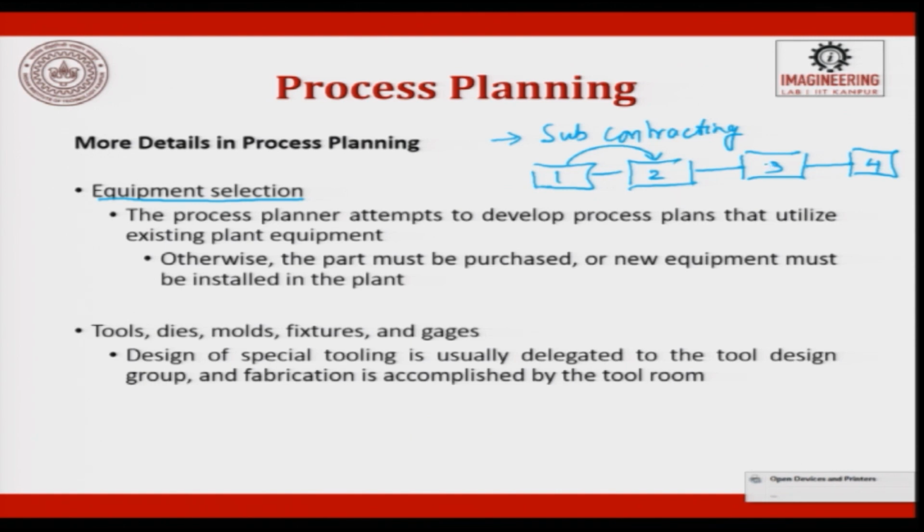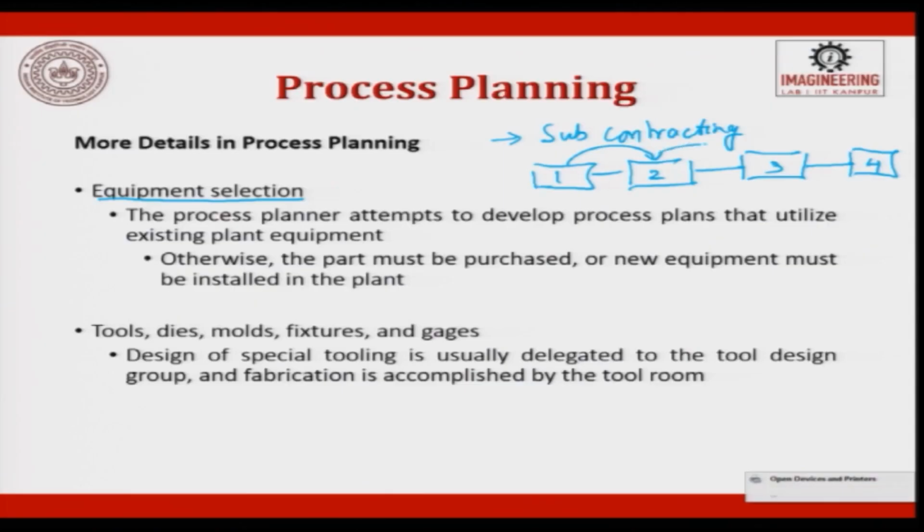Suppose machine 3 is also not available. It can be unavailability of machine, or your production rate is slow and you need a lot more pieces to meet your targets, then you will even shift it here. So now what is happening, the blank which was supposed to be got at the first stage is now shifted to the second stage and third stage.